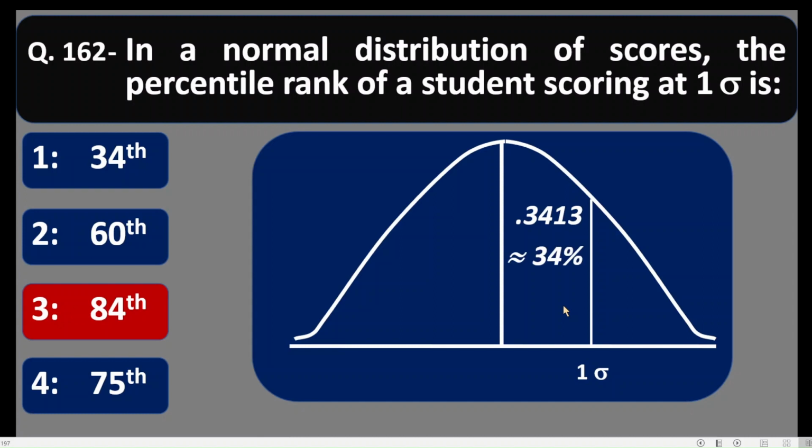In terms of percentage it is 34%, and we also know that 50% of total observations are lying on the left side of the perpendicular line. So total 84% of the observations have fewer marks than the student who is scoring at 1 sigma, and that 84 is the percentile rank of the student scoring at 1 sigma. So the correct option is 84th, option number 3.